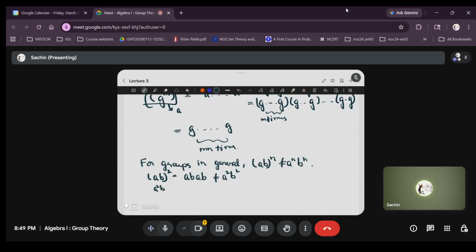A square B square is AABB. So here AB and BA can be different depending on the group. Only if AB equals BA will these two be equal. But if they are different, then you will get different elements.